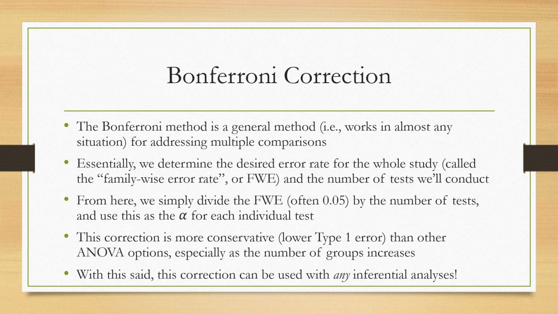So be careful. Now, I'm saying all this careful stuff. On the other hand, Bonferroni is a fantastic tool. I love this because it can, again, be used with any inferential analysis. You can use this with things you've never even heard of yet. And it's something that should be implemented a lot more often than it usually is.